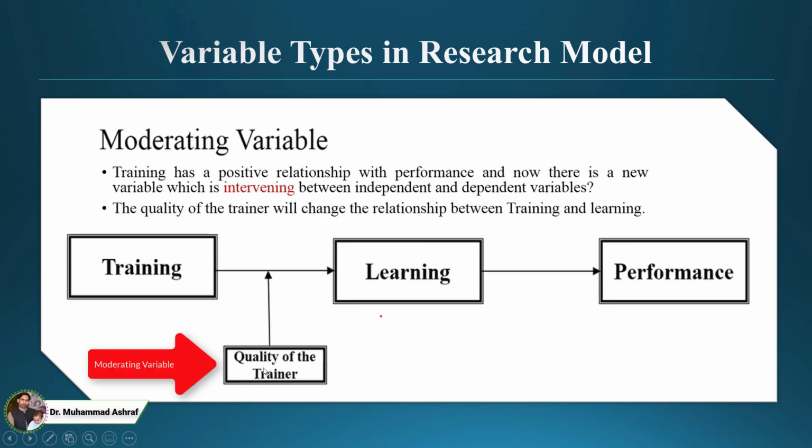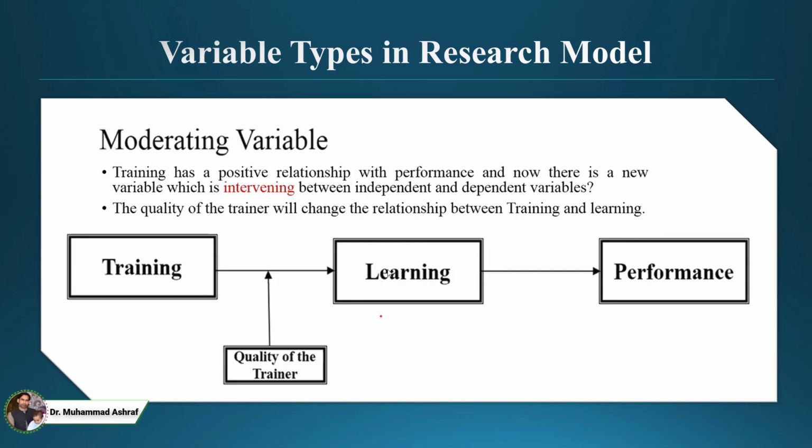The higher the quality of the trainer, the higher the impact of training on learning. The lower the quality of the trainer, the lower the impact of training on learning. In this way, the trainer moderates the impact of training on learning.